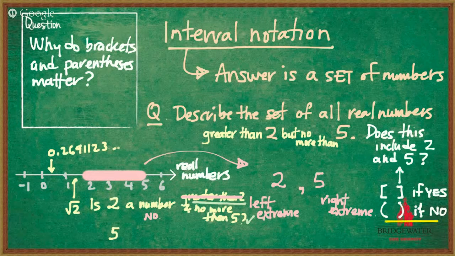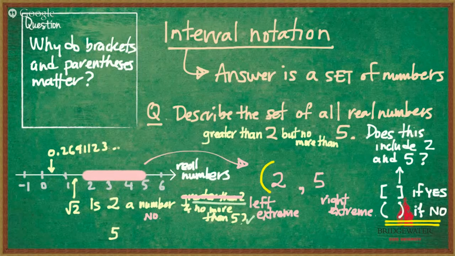And because we want not to include it, we'll put a round parenthesis next to it. So that round parenthesis tells me that the number 2 is not a part of my answer. And yet, every number which is greater than 2 will be. So 2.000000001 or something like that, something really, really close to 2, but not equal to 2, is going to be a part of this final answer. But 2 itself will not be.